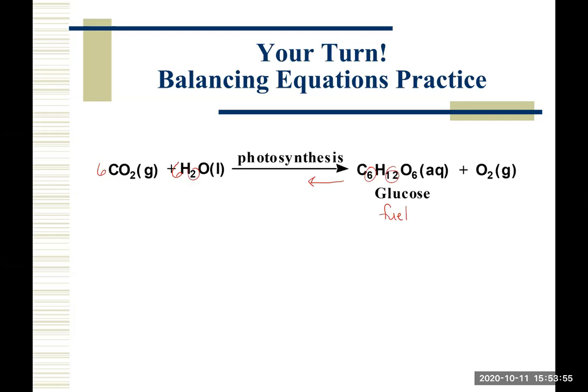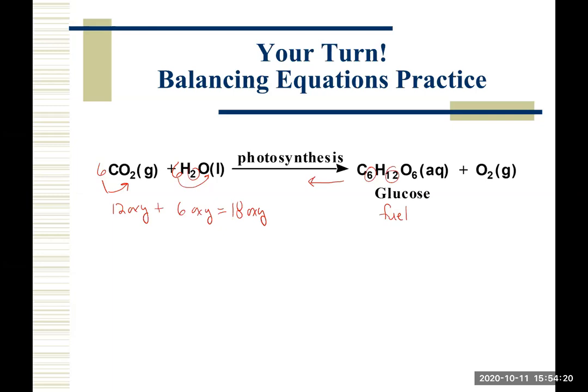Over here in the reactants, we see that we have 2 times 6, which gives us a total of 12 oxygens. And then we have 6 times 1 for the water, which gives us a total of 6 oxygens. And now we know on the left side of this reaction arrow, we have 18 oxygens.